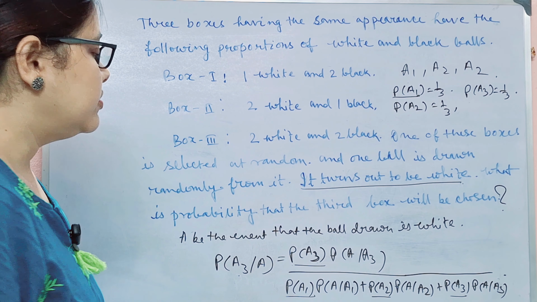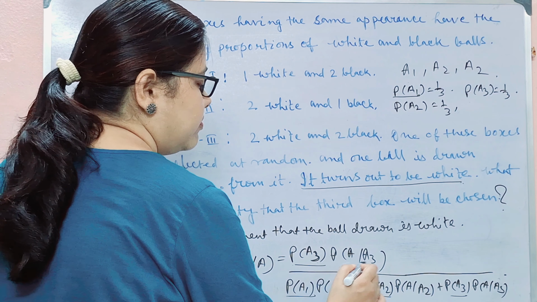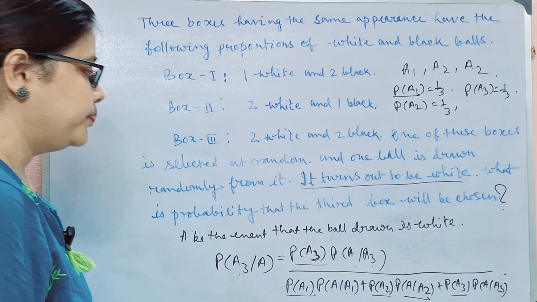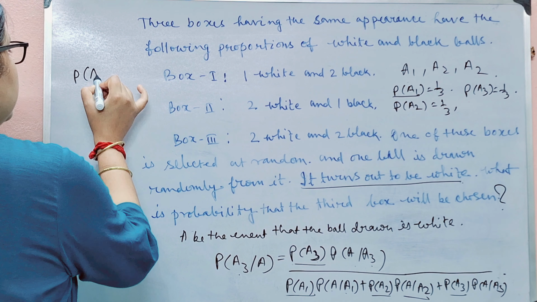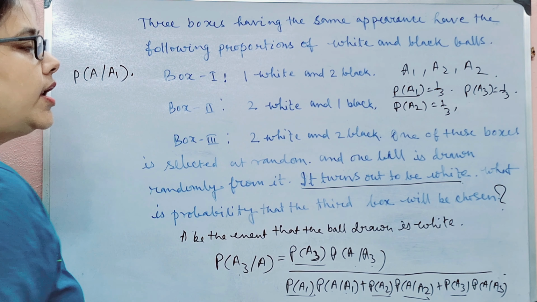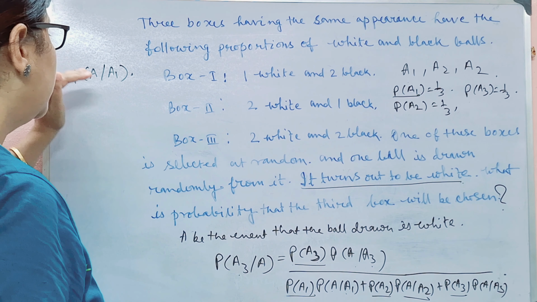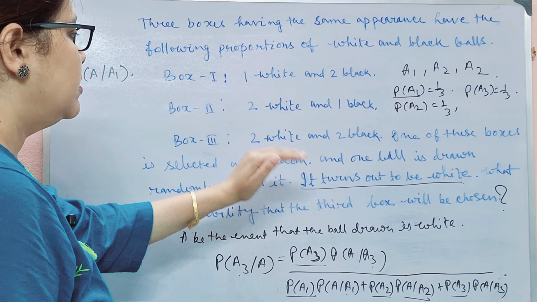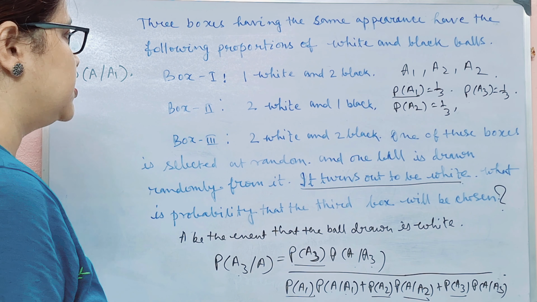But we have to calculate probability of A by A1, probability of A by A3 and probability of A by A2. So probability of A by A1 means probability of A when A1 is already occurred, that is the probability of that white ball is chosen when box 1 is selected.